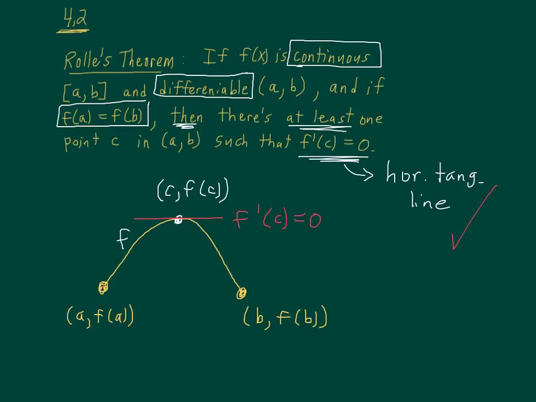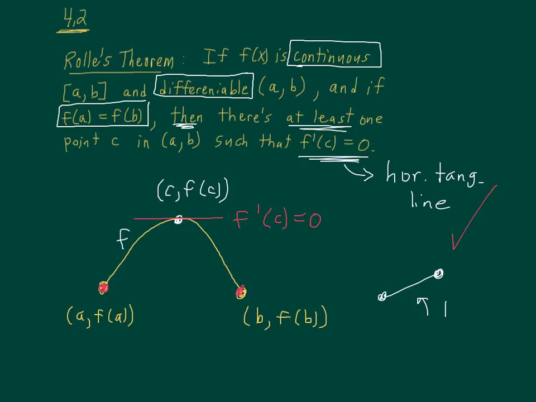But again, don't forget about the condition where the y values have to be the same. If you have a function where the y values are not the same, then it's not going to apply. So I'm talking about something like this. Okay, those y values are not the same.